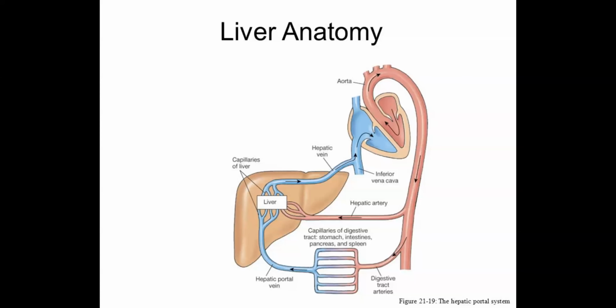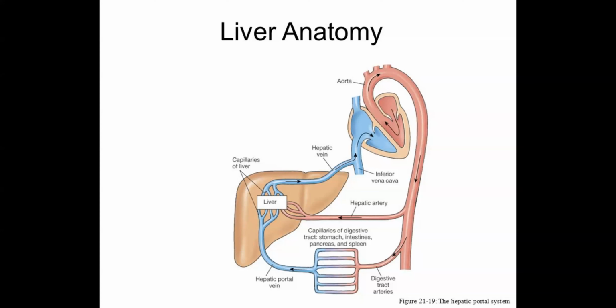But there is a fourth component of human blood circulation, and that component is here. This is called portal circulation. This one is identified as which circulation?